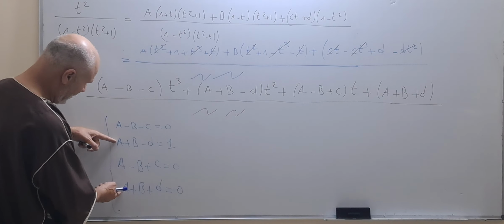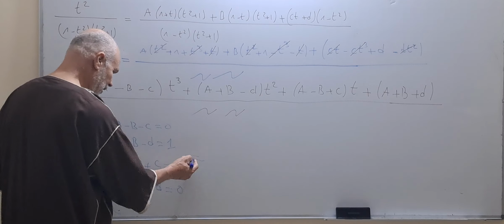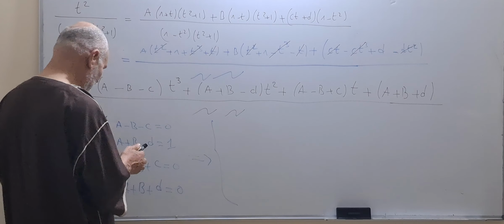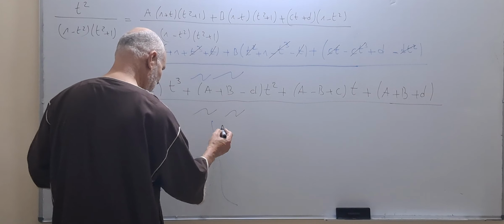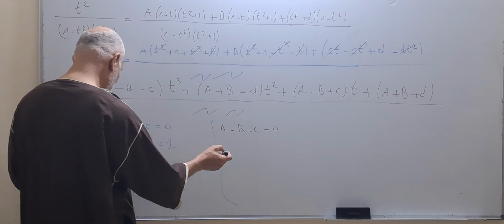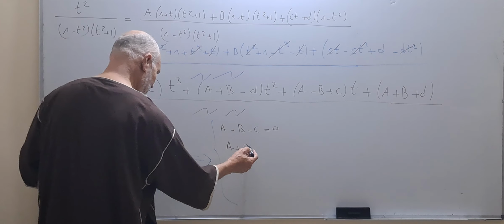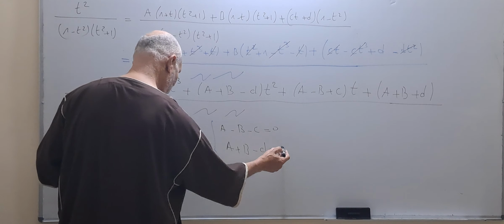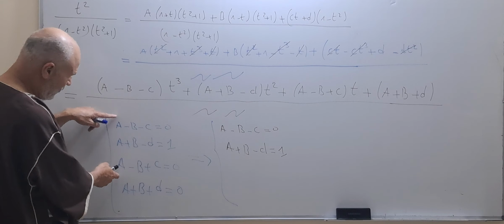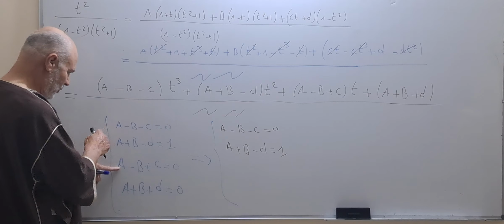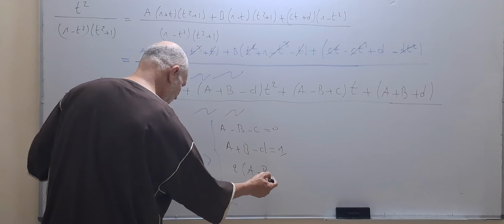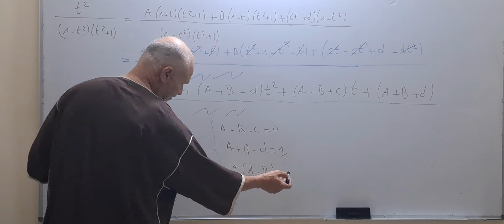So for this system, we have to keep 4 equations. The first one is A minus B minus C equal to 0. The second equation is A plus B minus D equal to 1. The third equation, we add the first one to it, and we keep 2A minus 2B equal to 0.